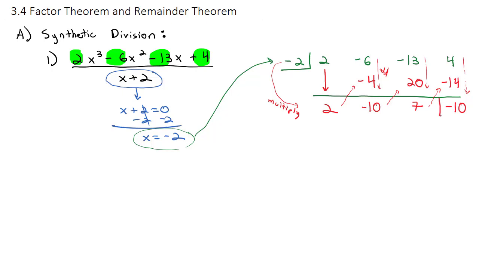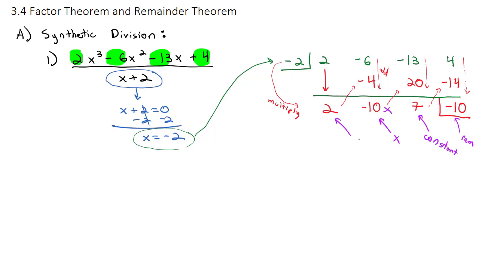That last number I'm going to stick in another box. And these numbers at the bottom can help me interpret the answer to the synthetic division problem. The last number is my remainder. The number before that is my constant. That means just a number by itself. The number before that's going to have an x on it.